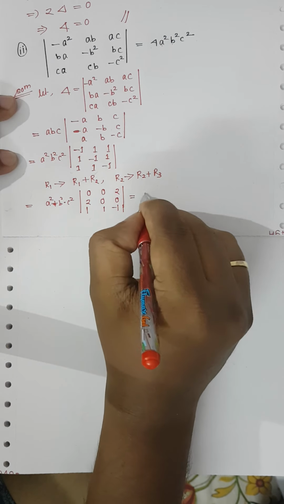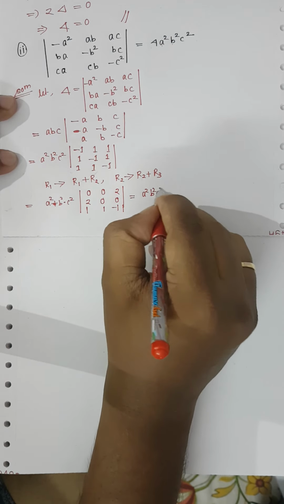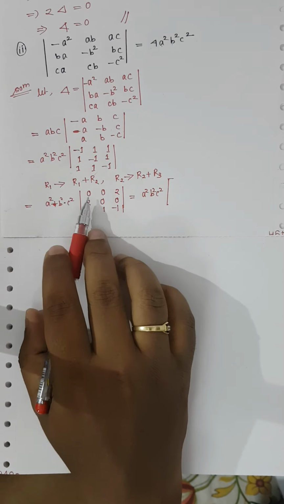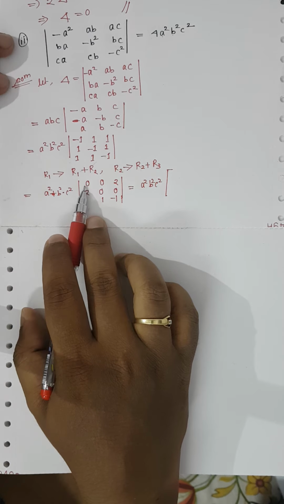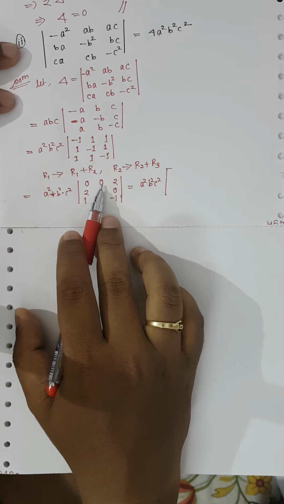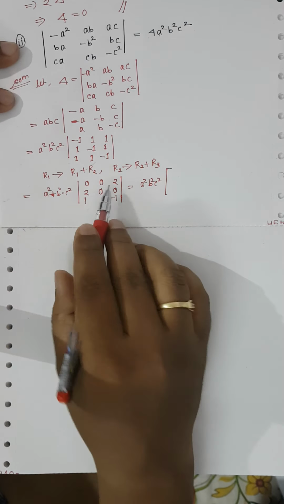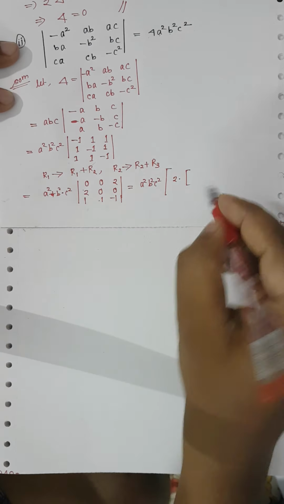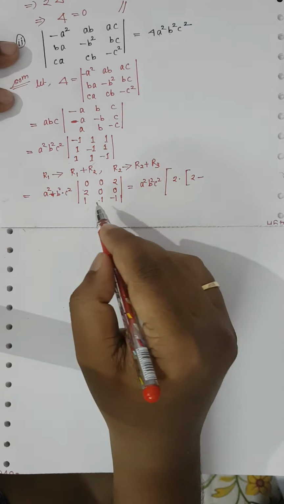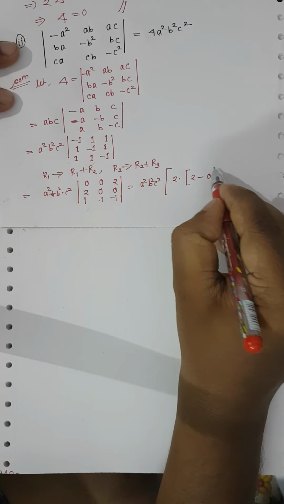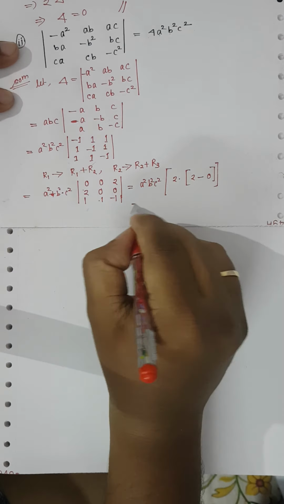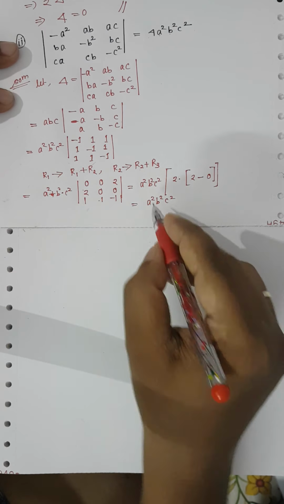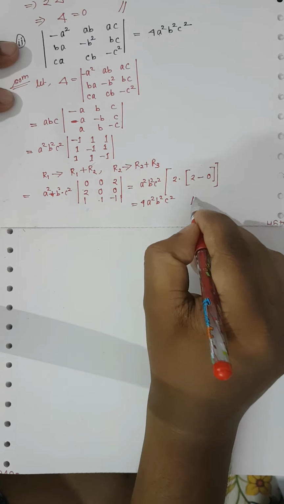Now if I expand along row 1, for this 0 into anything is 0, for this again 0, and for this 2 into 1 times... 2, 1 into 0 is 0. So I am getting a square b square c square into 2 to the power 2, that is 4 a square b square c square.